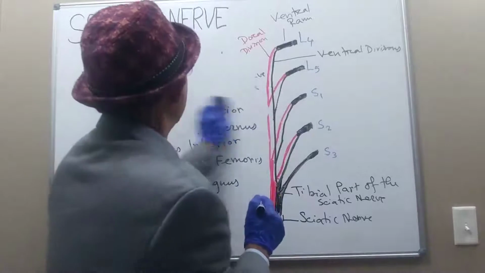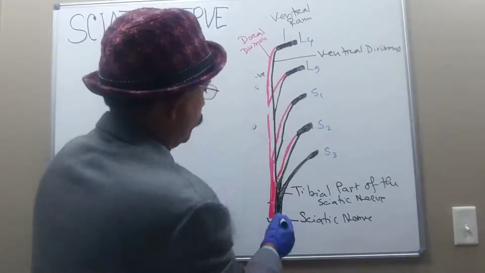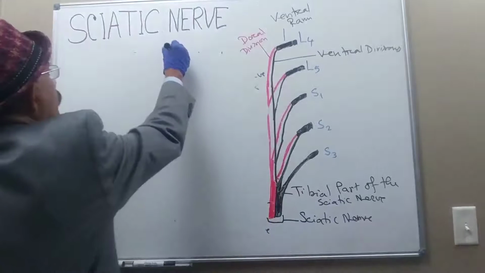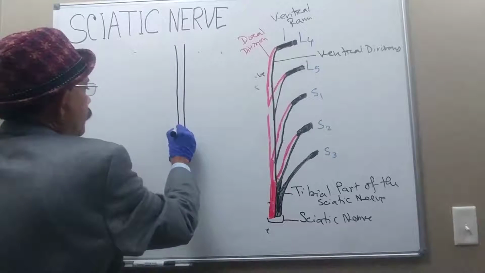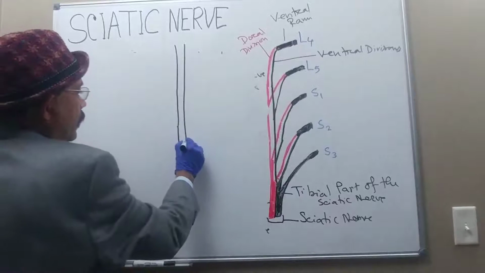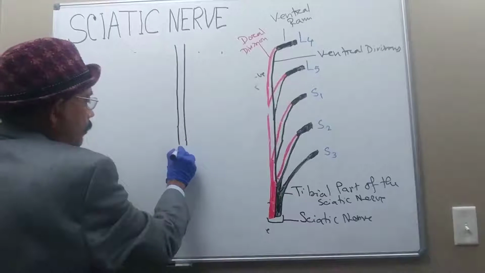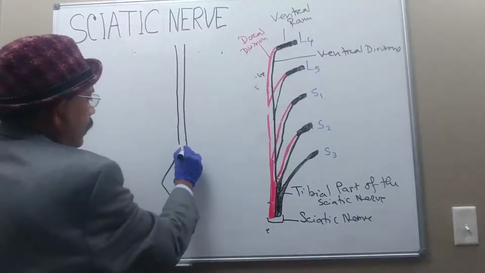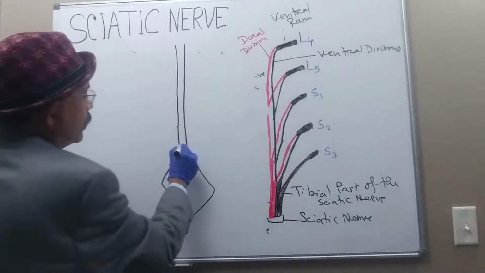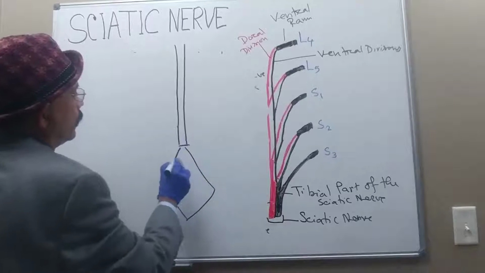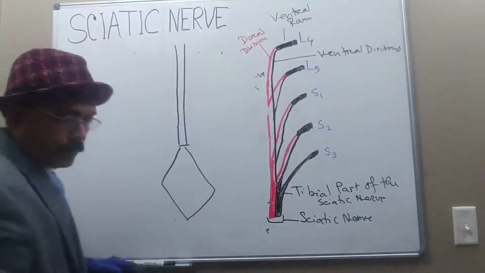Then where it terminates. If we extend the sciatic nerve, it is just behind the thigh, at the apex of the popliteal fossa, where it divides into two.